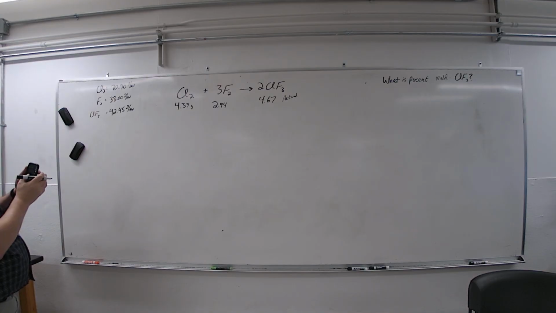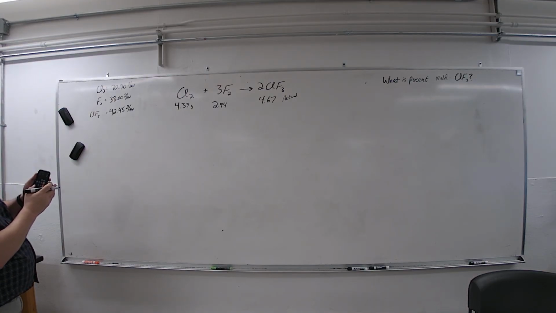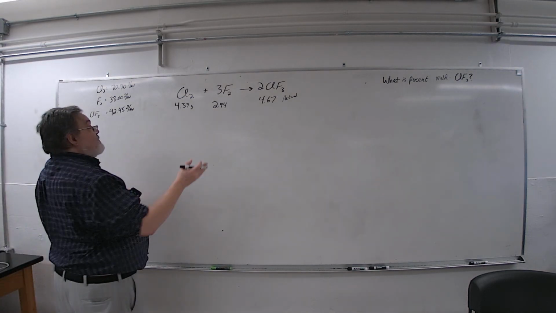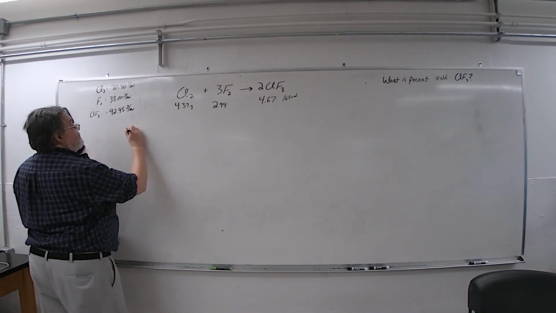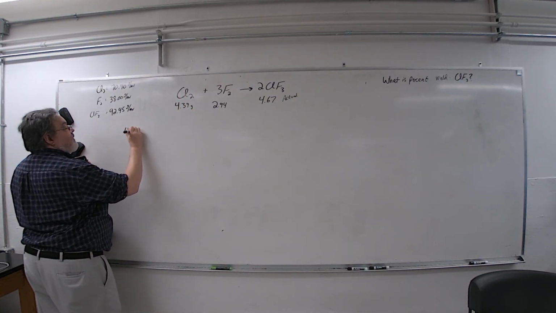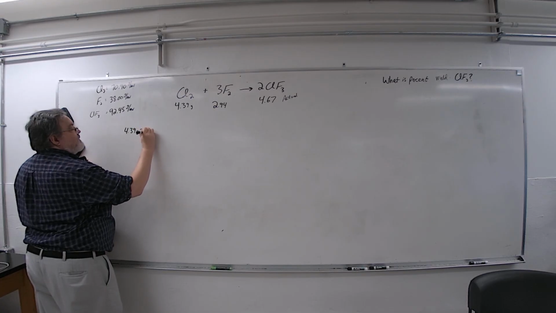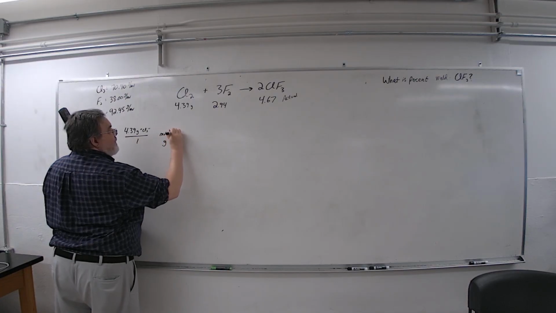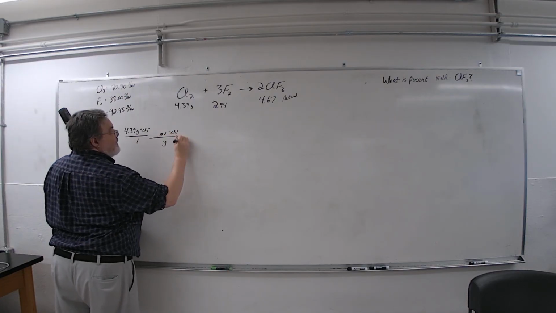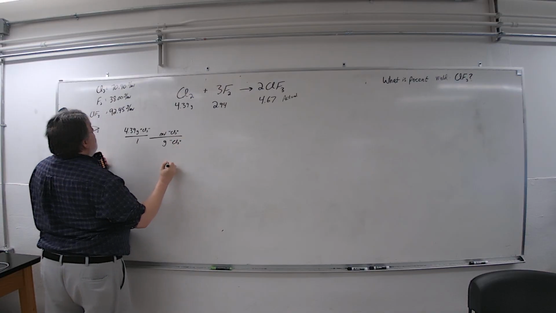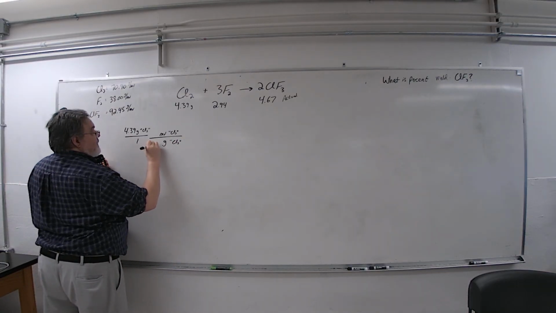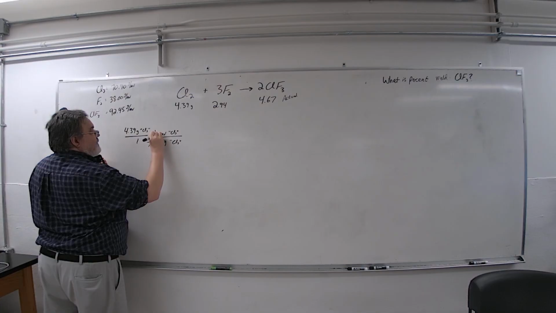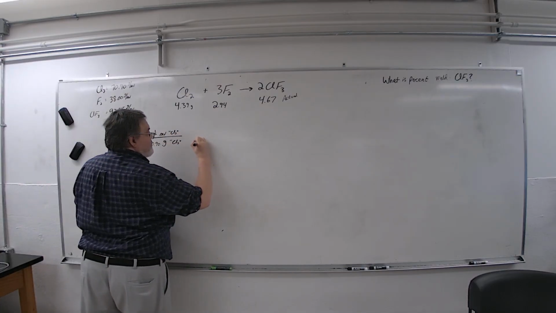ClF3. So 19 times 3 plus 35.45, 92.45. Okay. So I'm just going to pick Cl2, 4.39 grams of Cl2, grams per mole of Cl2. Grams of Cl2, 70.90. 1 mole. Now, moles of Cl2.